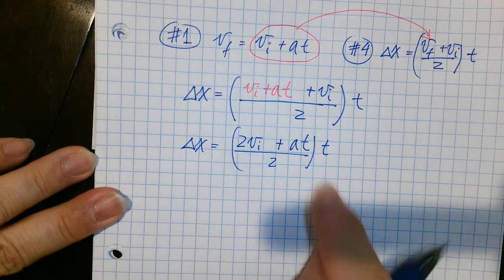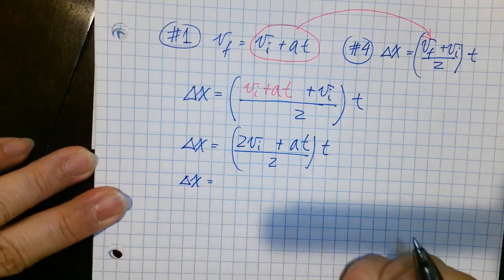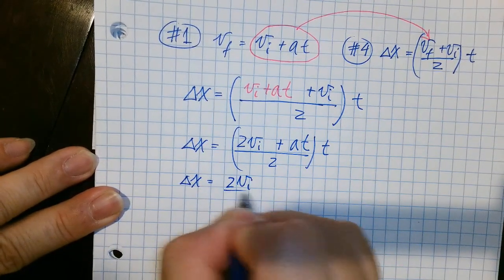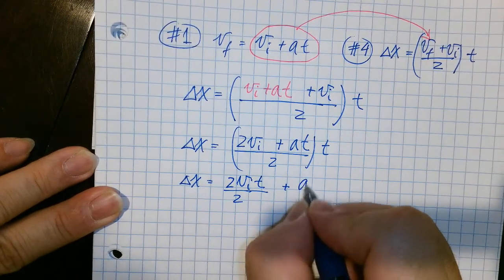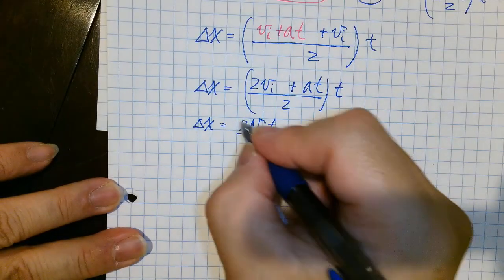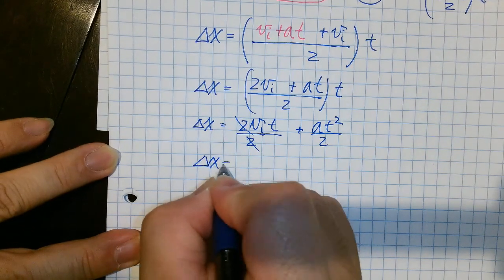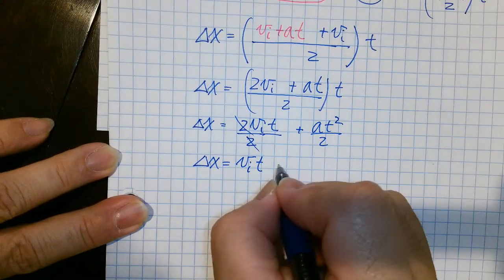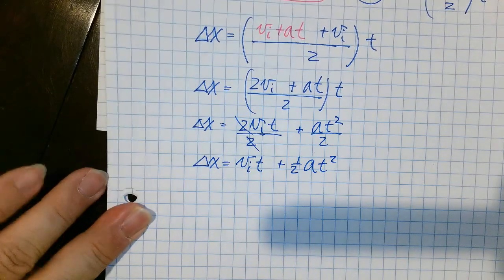Let's split these up and distribute this t through. So my delta x is equal to 2 vi over 2 times t plus a times t squared over 2. Notice how these 2's can cancel out. So my delta x is equal to vi t plus 1/2 a t squared.